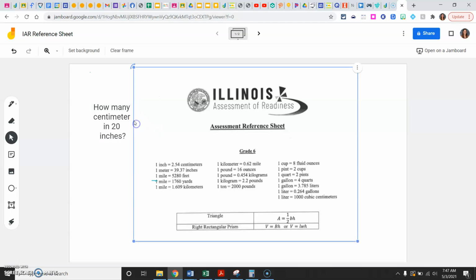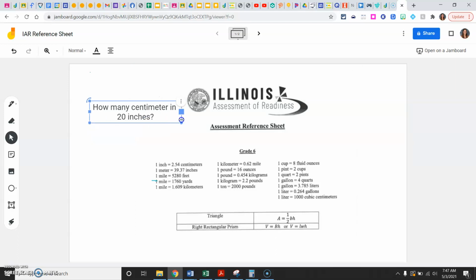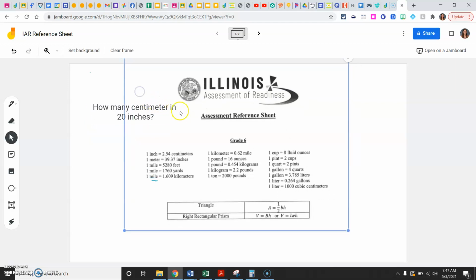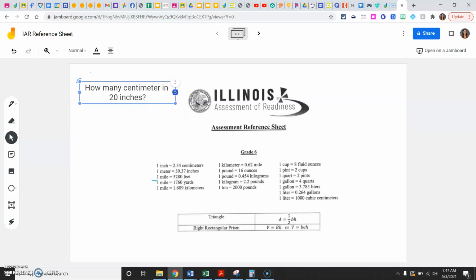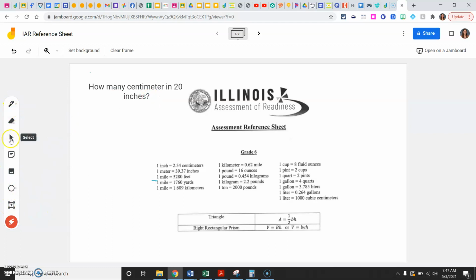So what we want to do is use the reference sheet to help us, because that's not something we just know on our own, but it is something that we can figure out by using our resource. Since I want centimeters and inches, I'm going to find down here where I see those labels. I actually see them right here. 1 inch is 2.54 centimeters. I'm going to use that to help me.